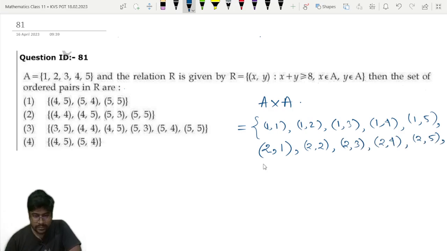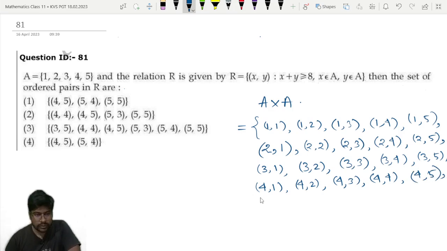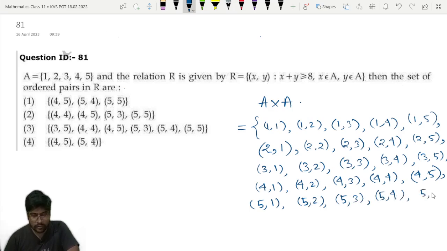Then similarly next terms will come like this: 3 comma 1, 3 comma 2, 3 comma 3, 3 comma 4, 3 comma 5. Then 4 comma 1, 4 comma 2, 4 comma 3, 4 comma 4, 4 comma 5. Then it will come 5 comma 1, 5 comma 2, 5 comma 3, 5 comma 4 and 5 comma 5.